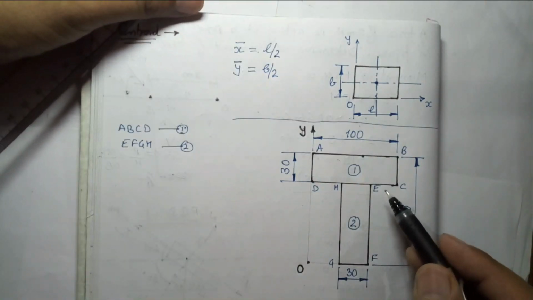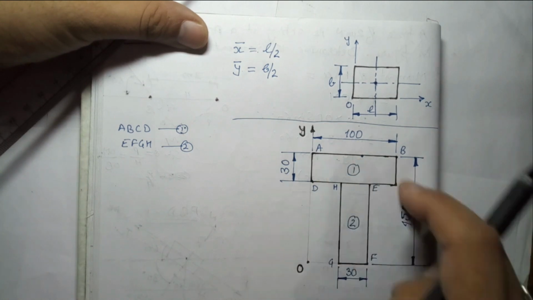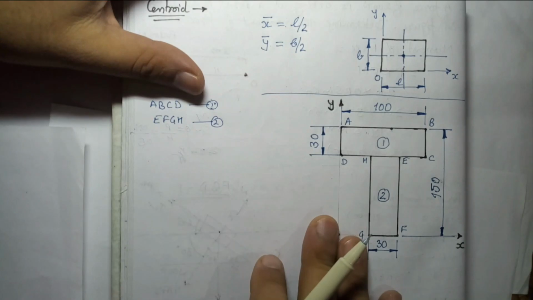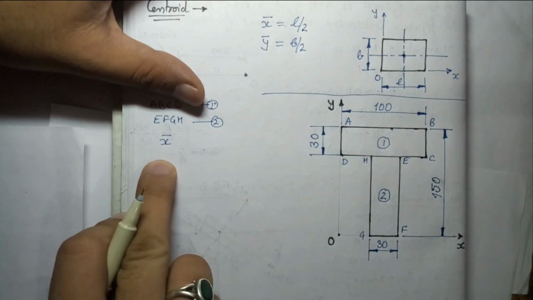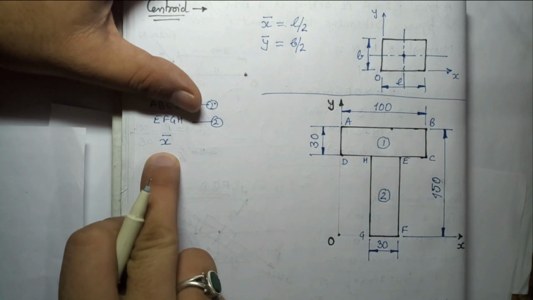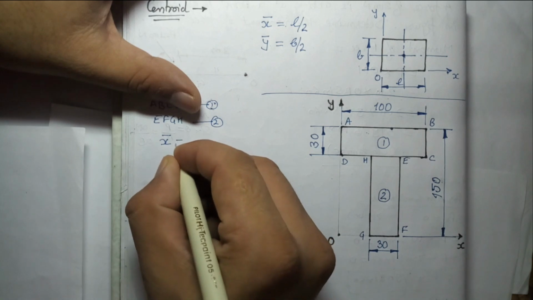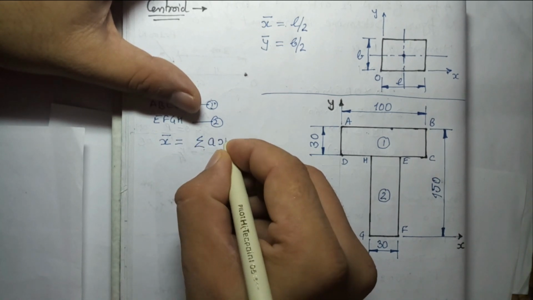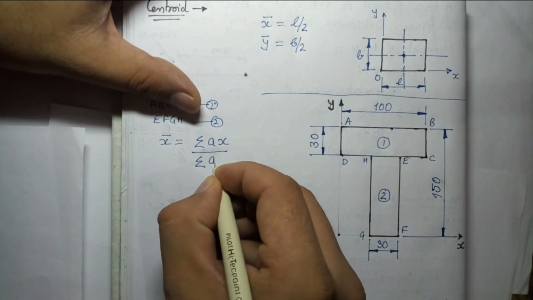Again, we just have to locate where the centroid of these two surfaces, or the complete body, will lie with respect to this origin. Now we have the formula. It is given that x bar, the position of the centroid in the direction of x from the y-axis, is equal to the summation of a x divided by the summation of a.